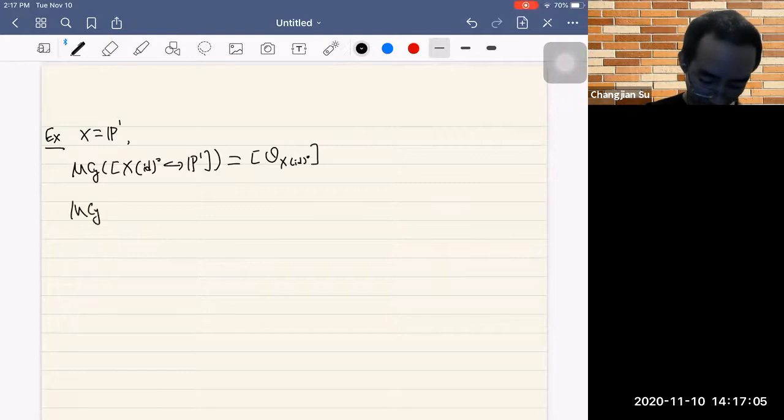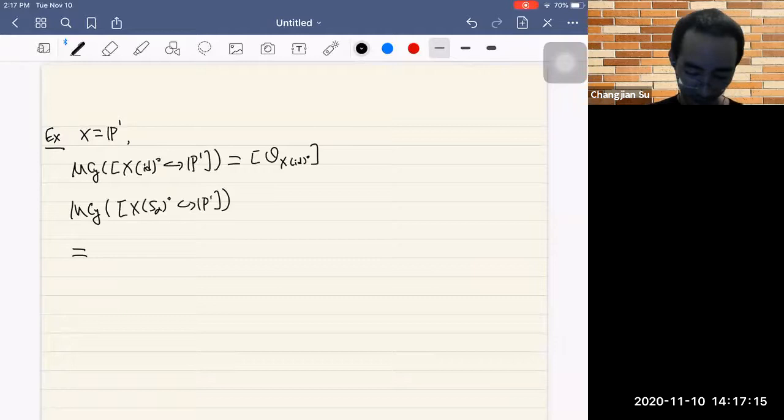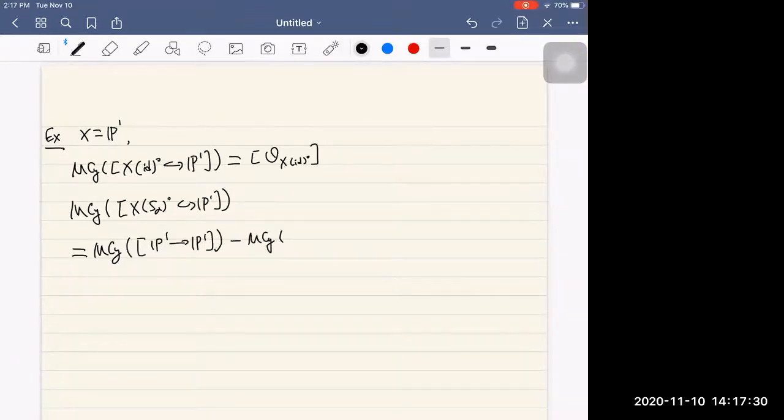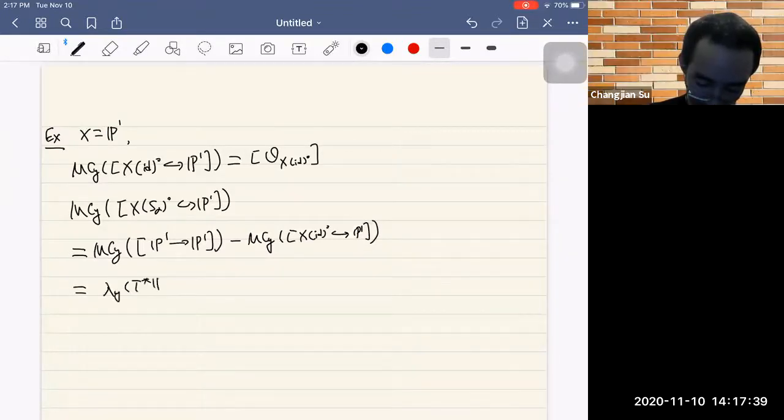And then if we want to compute the inclusion of this other Schubert cell, here we need to use this relation in the Grothendieck group. But I think you may not be satisfied, because again this is an identity map, and then minus the other term. And this is the definition here.